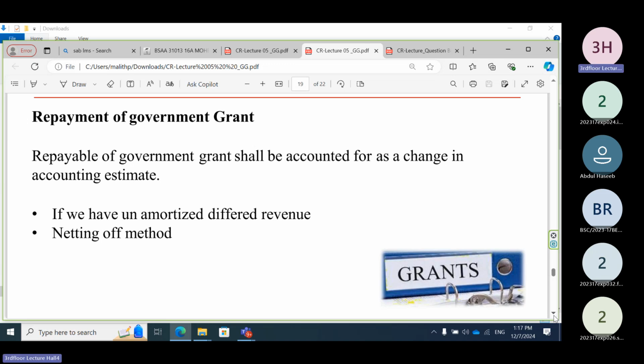You need to adjust that onto the opening balance. You need to adjust that to the future balances. This is going to be treated according to the given criteria. So there is no need to reassess, no need to restate your numbers. Assume that as an estimate change and reverse that from your account.